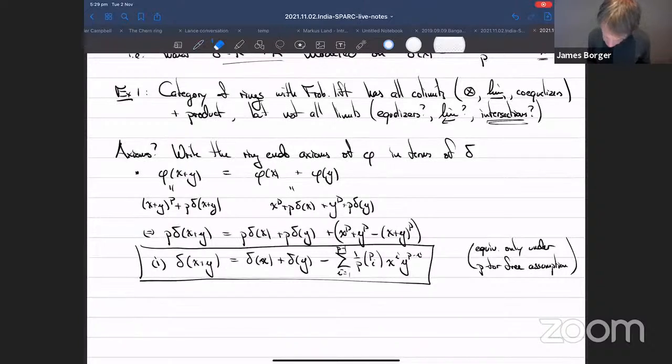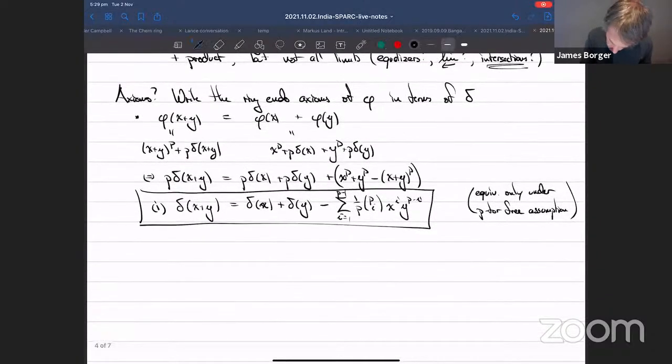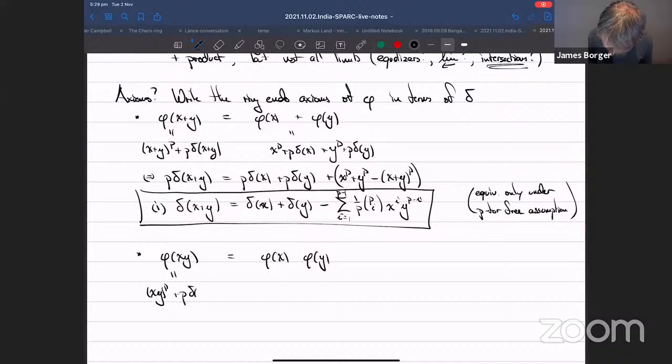Now we continue in the same way with the other. If we take multiplicativity, I'll do it a little faster now. So this is (xy) to the p plus p delta of xy. This is x to the p plus p delta x times y to the p plus p delta y.